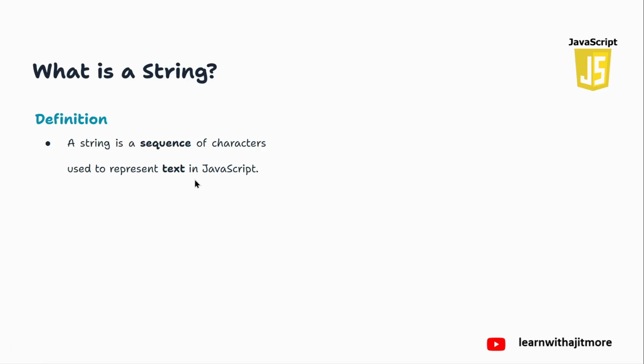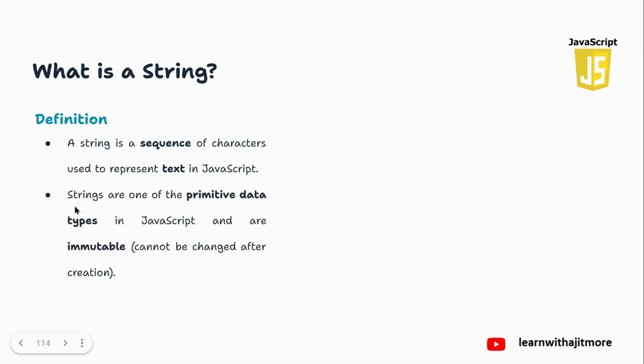For any text information, use a string. A string is treated as a primitive type, an elementary data type, the basic data type which JavaScript has provided. It is not like arrays or objects. Objects we create, arrays we create; you can say they are derived types, like user defined, but string is inbuilt.